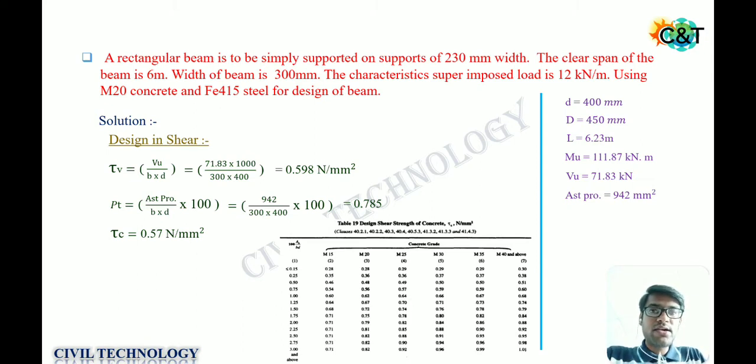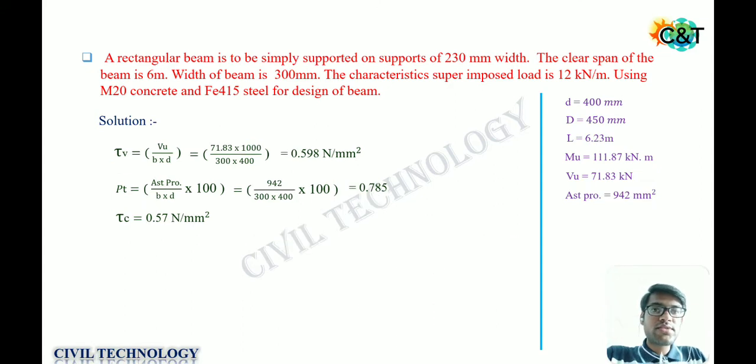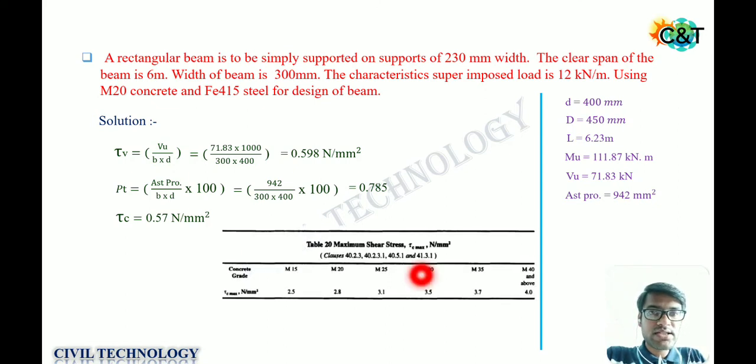The next parameter we have to calculate is tau c max. For tau c max we also have to consider another table given in IS 456. The maximum shear stress tau c max for M25 grade concrete is 2.8.